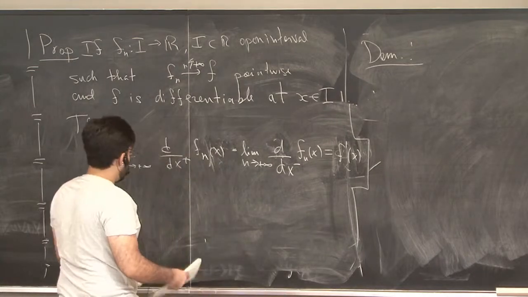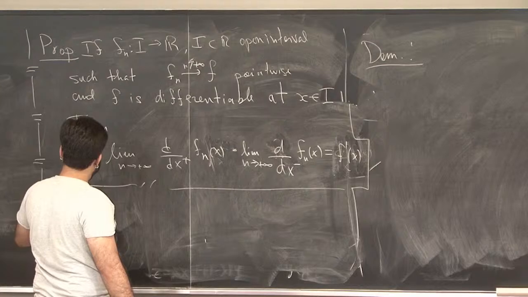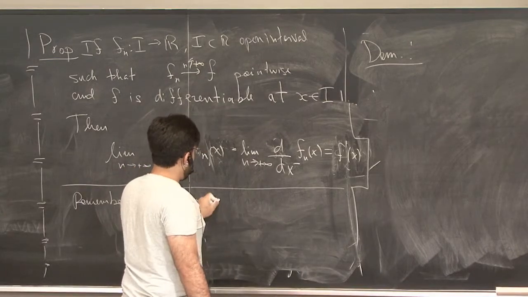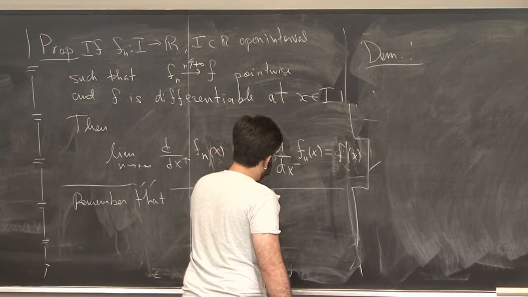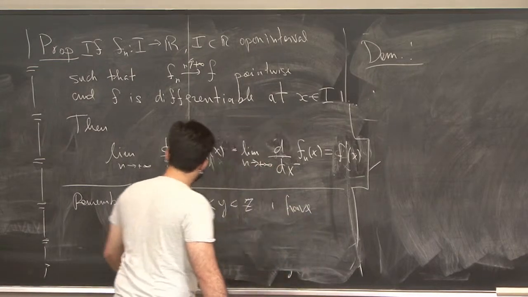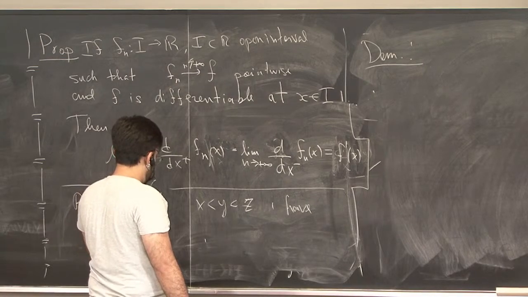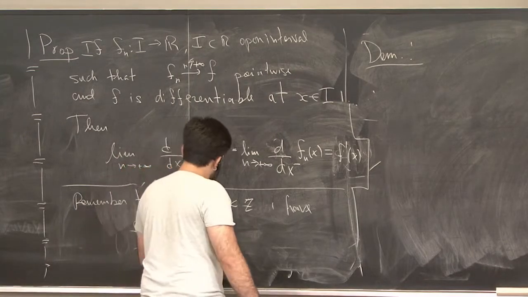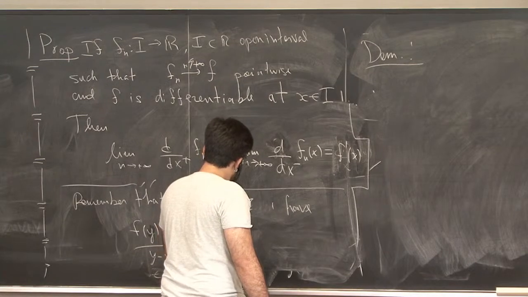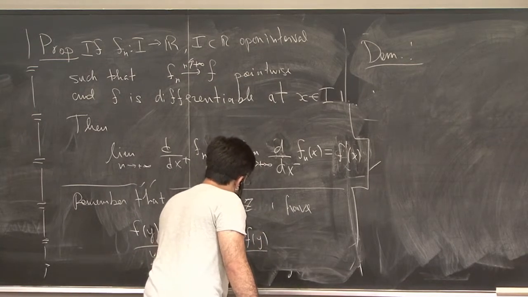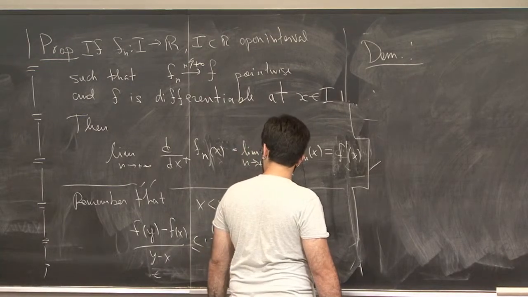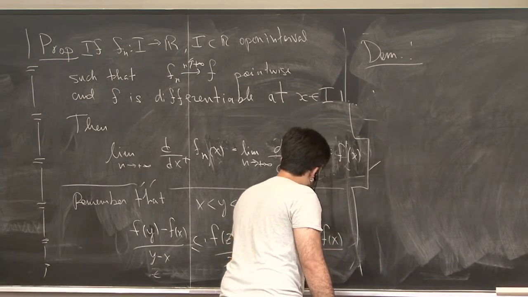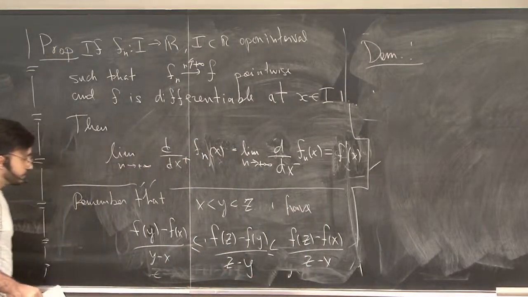I will write it right here again. Remember that for every x less than y less than z, I have (fy minus fx) over (y minus x) is less than (fz minus fy) over (z minus y), and it's less than (fz minus fx) over (z minus x).